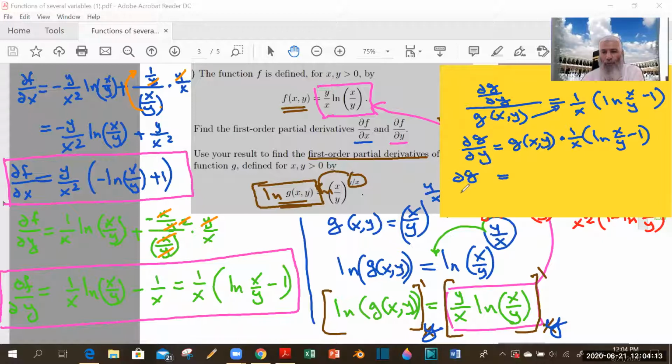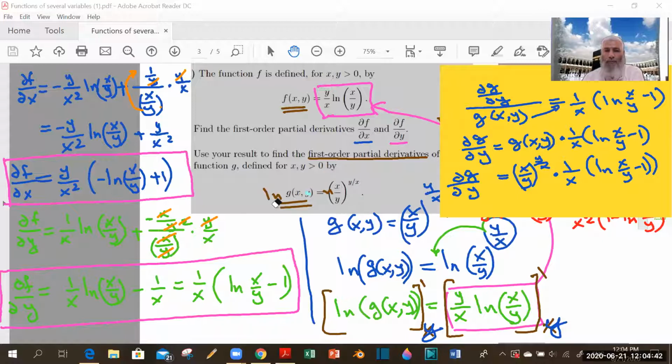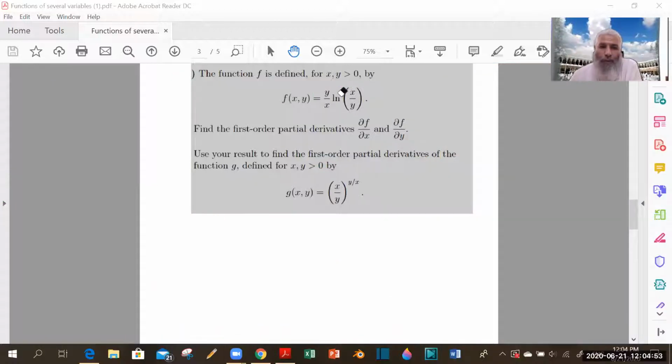So dg over dy equals x over y to the power y over x, multiplied by 1 over x, ln x over y minus 1. That's it. This is the answer. This is the first derivative of g with respect to y. What do you think? I understood it. You understood, but you have to solve it by your hands.